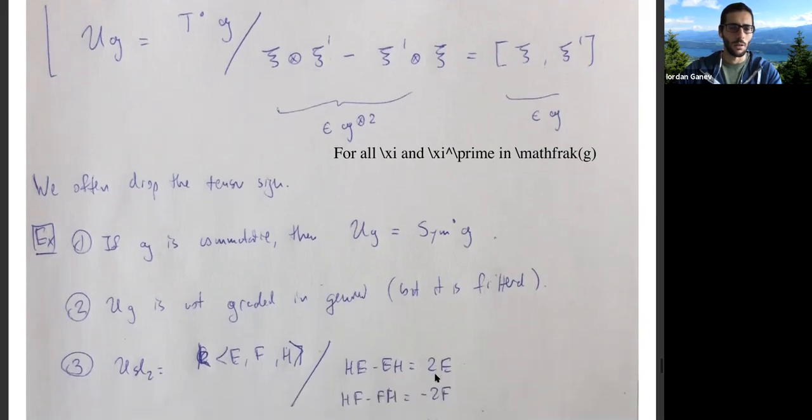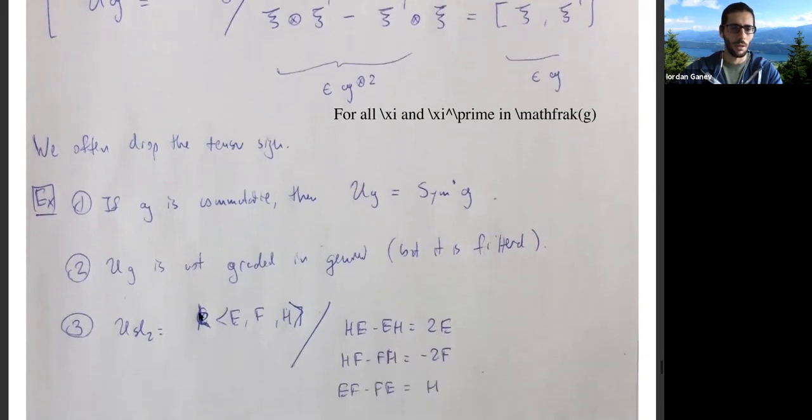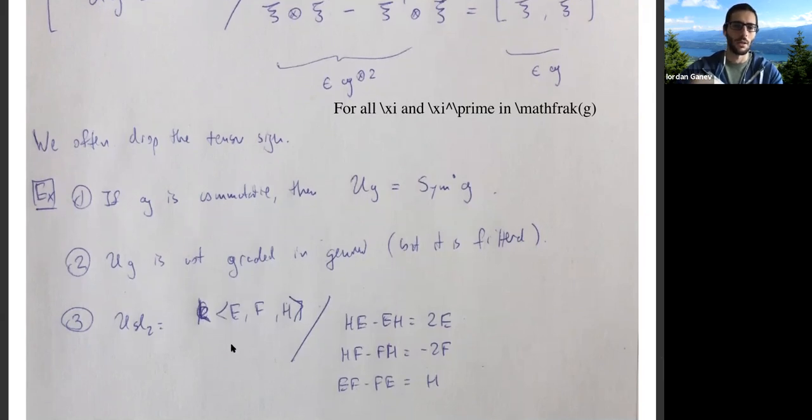So what's an example? The universal enveloping algebra of SL2. This is a K here. I think I wrote C out of habit, but it's a K. So it's a quotient of the free algebra on 3 generators, E, F, and H, the same ones we saw before. And these are the relations. Before, there was a commutator going on here. Now it's also a commutator, but we think of it as inside a bigger algebra.